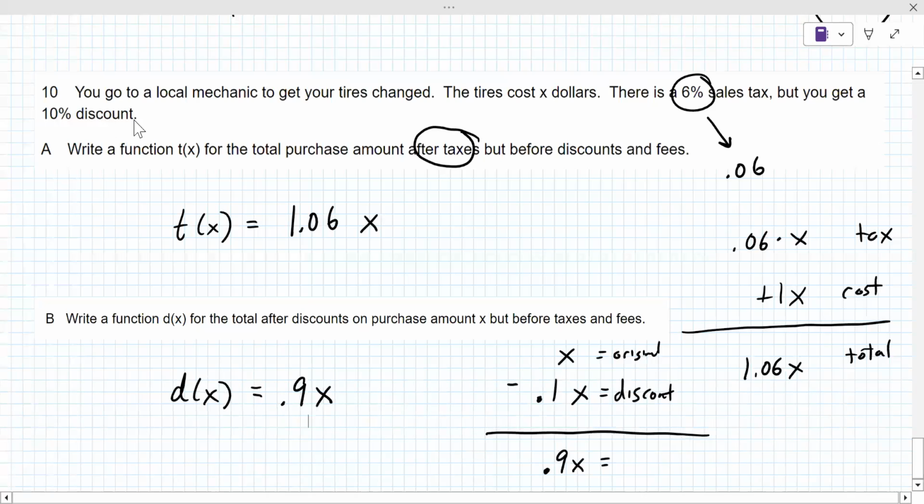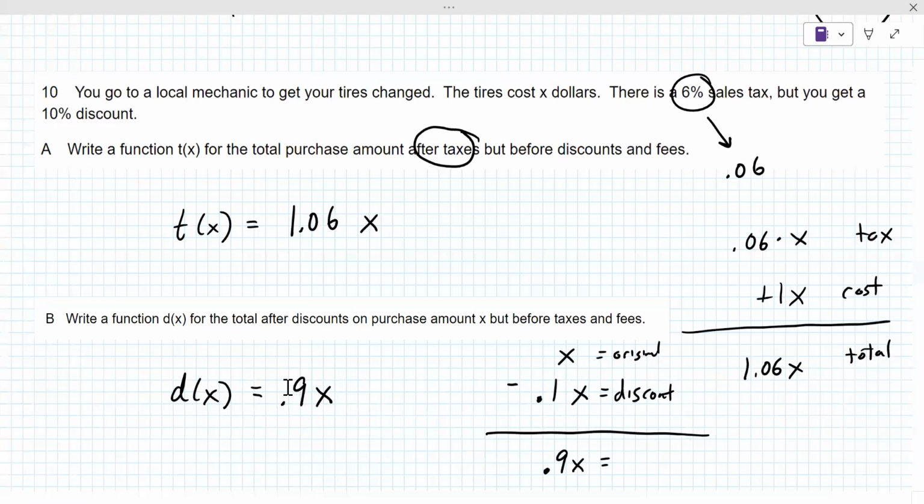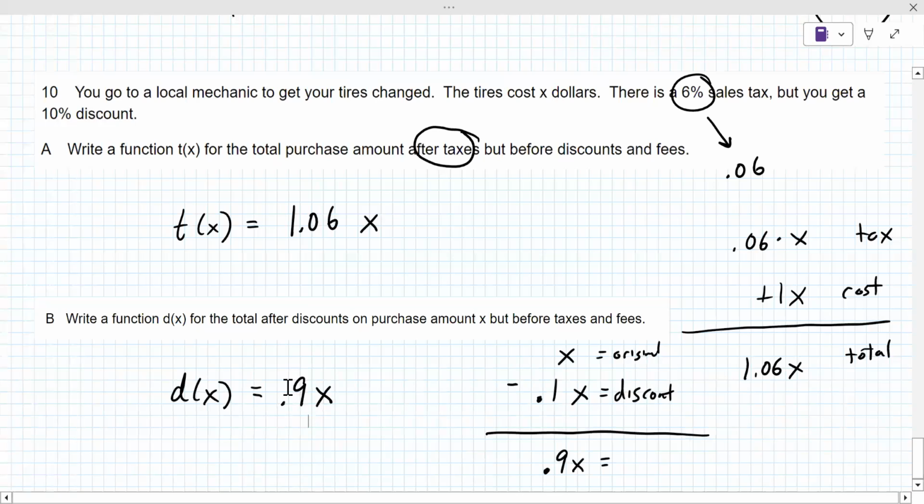So a 10% discount means you're paying 90% of the original price. You've probably never thought of it that way, but we do this automatically. You go to the store, you have a coupon for 10%, and you know you're getting a certain amount off, but you really care about what you're paying. You want to know what you actually have to put out for payment.